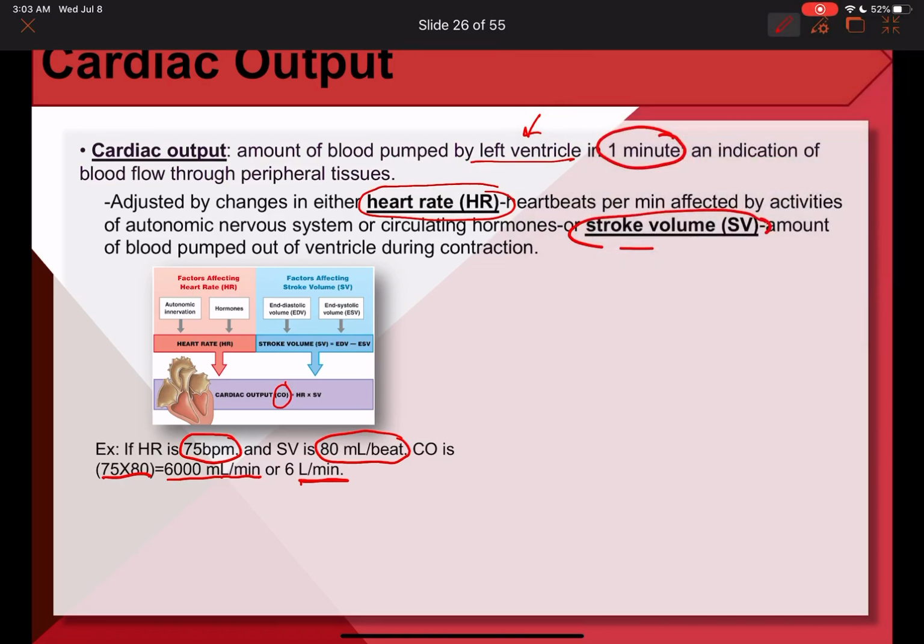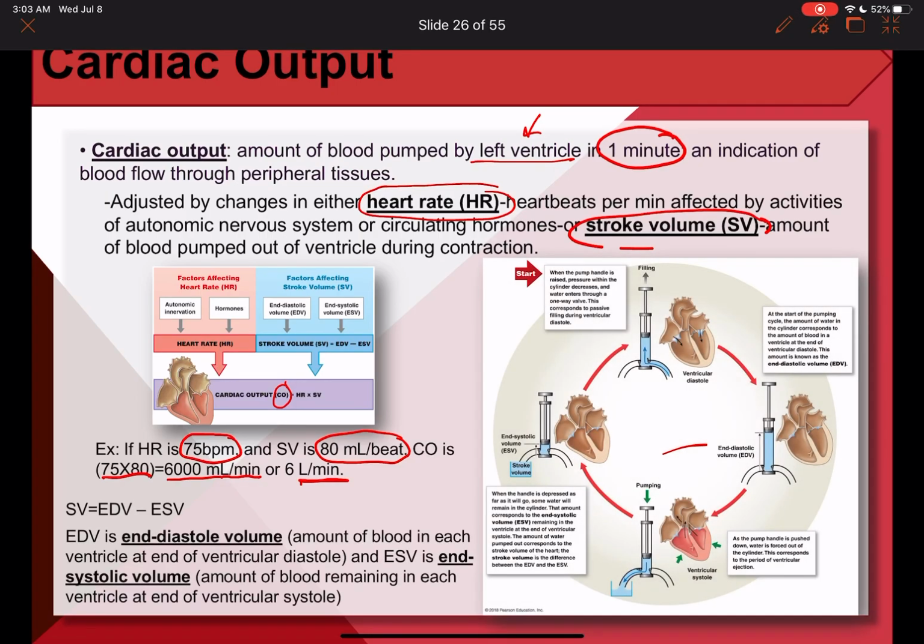And the two values that we can use to determine stroke volume are the two that we've talked about, EDV and ESV. Now I'm going to explain again what these values mean. So imagine your heart being like a little water pump. You play with those water guns where you pull upwards and water gets sucked into the water gun, kind of like that.